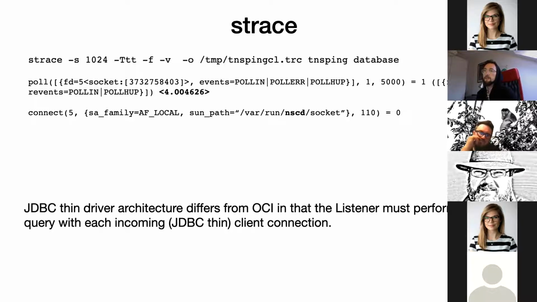And the JDBC thin driver architecture differs from OCI, because while creating the session with the server, it performs DNS lookups and reverse lookups. So it is using DNS. And this is the point where all the puzzle pieces started to create a picture for us.